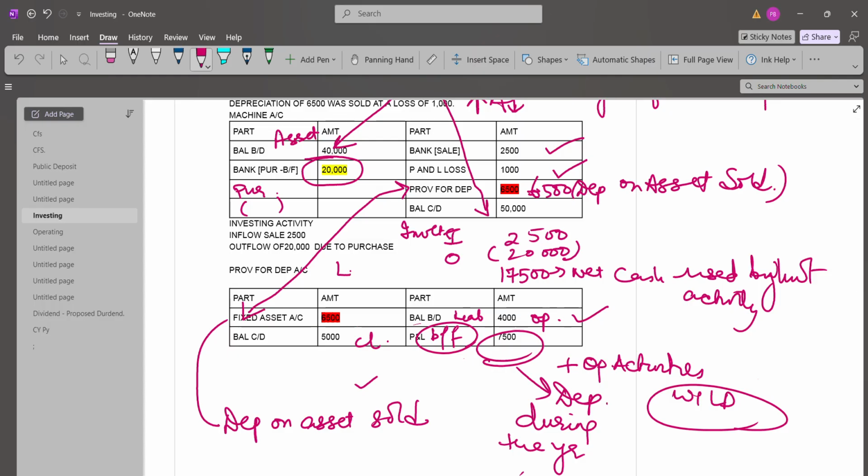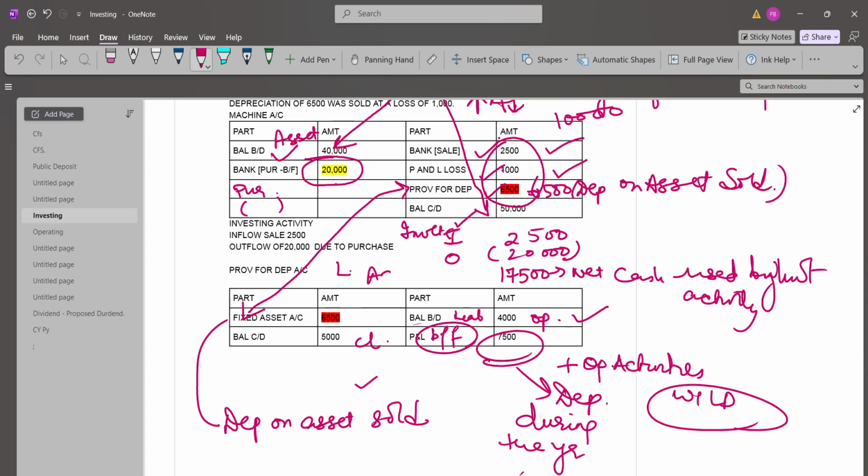I repeat, the 40,000 machine you purchased for 20,000, that's coming as a balancing figure. The tick marks which I am giving you are given to you in the question. This is your balancing figure. This is sale, this is loss, this is depreciation on assets sold. If you do this total, this will come as 10,000. So there is a purchase of 20,000. And how do we get depreciation during the year?